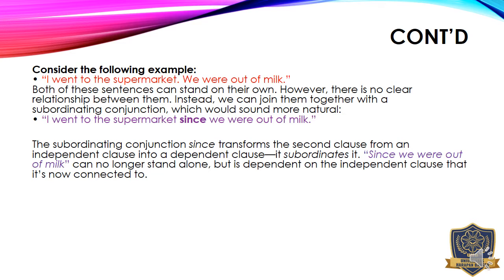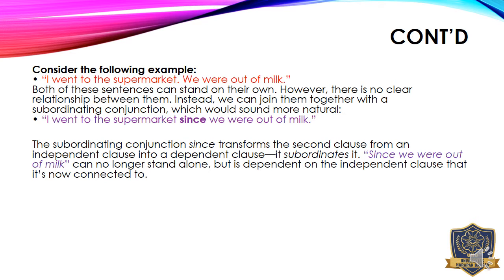The subordinating conjunction since transforms the second clause from an independent clause into a dependent clause. It subordinates it. For example, since we were out of milk can no longer stand alone, but is dependent on the independent clause that it's now connected to.